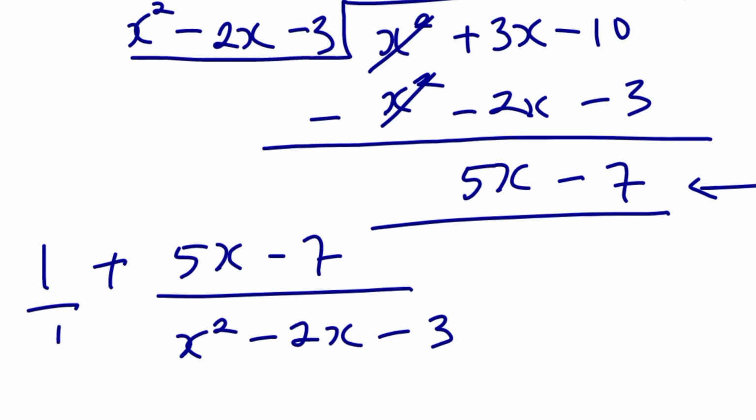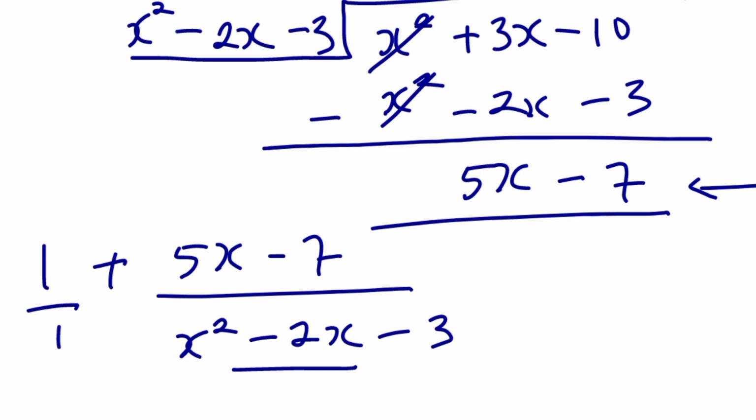Because we have a quotient of 1, 1 times this is still going to be the denominator. So when you multiply this value by 1 and add it up, you arrive at x² plus 3x minus 10, which is the numerator. So it's just a simplified version of the above problem.